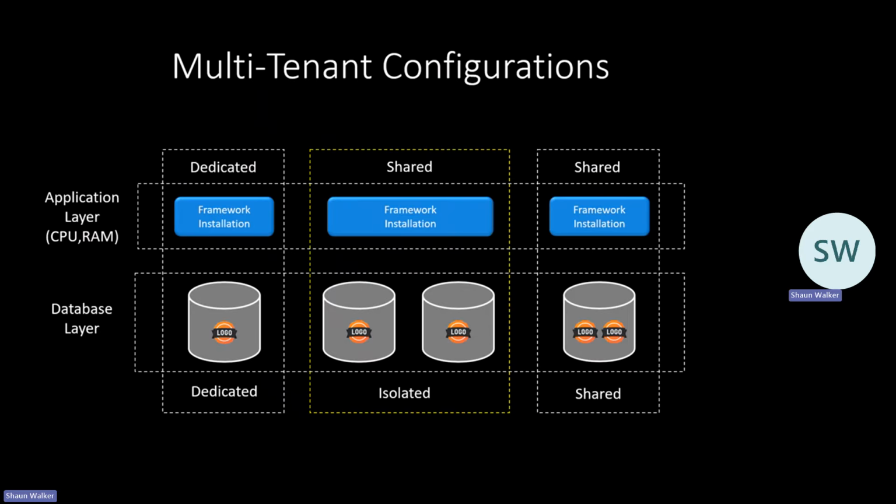The multi-tenant configuration is pretty powerful. So .NET Nuke, when I created it, had one huge capability that people took advantage of, which was multi-tenancy. .NET Nuke only really supported one type of multi-tenancy, and that was the shared model, where you would have an application running and you could spin up various sites that were part of the installation, but all of the data would be stored in a single shared database.